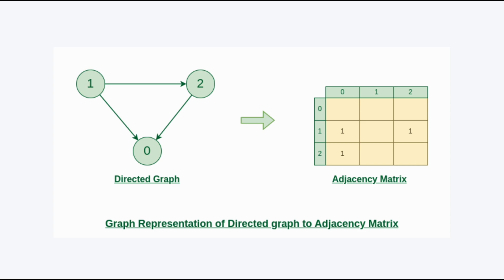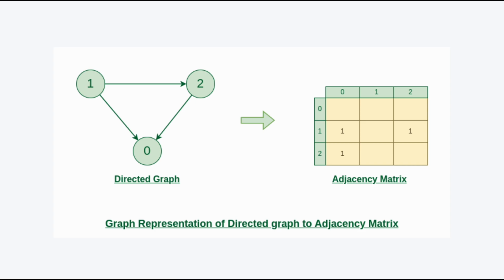As we see here, 1 is mapped with 2 and 0. So for 1, we'll indicate 1 with 0 and 2 with 1. 2 is mapped to 0, so we'll map 2 and 0 with 1 and the others are left as 0. So this is how we represent directed and undirected graphs using an adjacency matrix.